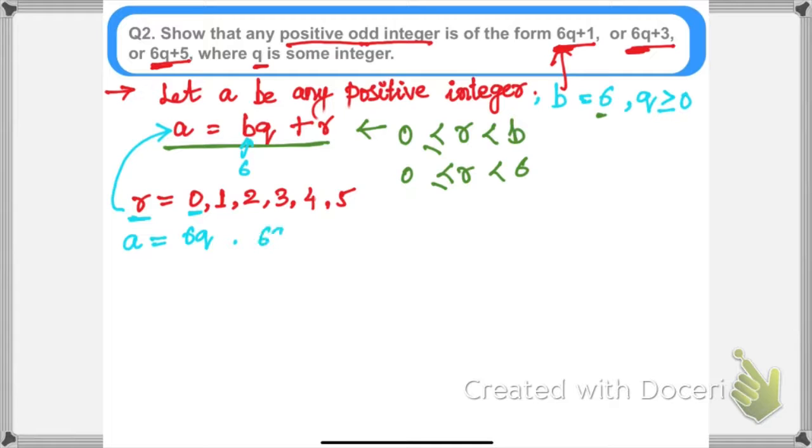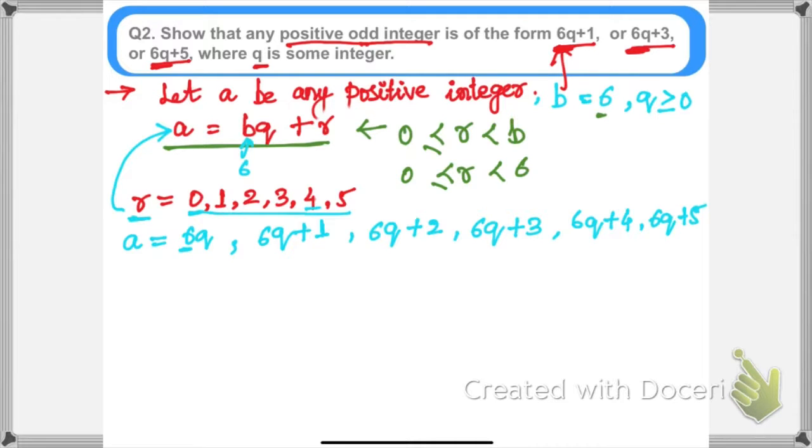A will be equal to 6q plus 1 or 6q plus 2 or 6q plus 3 or 6q plus 4 or 6q plus 5, since the value of b is 6 and the values of r are these.